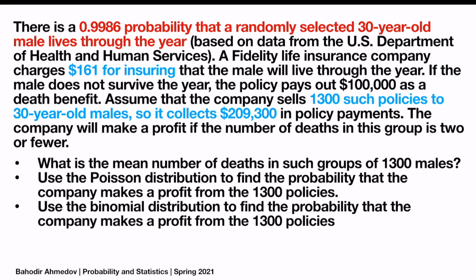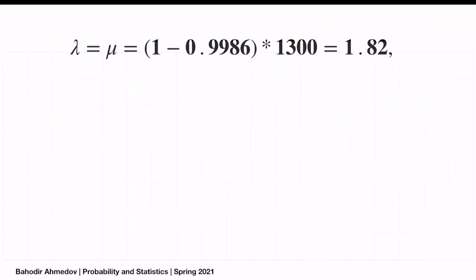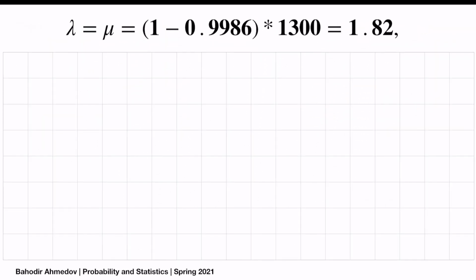It's going to be np. Do you remember the formula, right? Mu was n times p. The probability that a person will die is 0.0014, and the average number of people who will die is simply p times n, which is going to be 1.82.